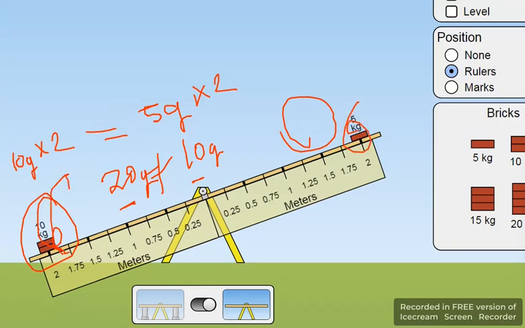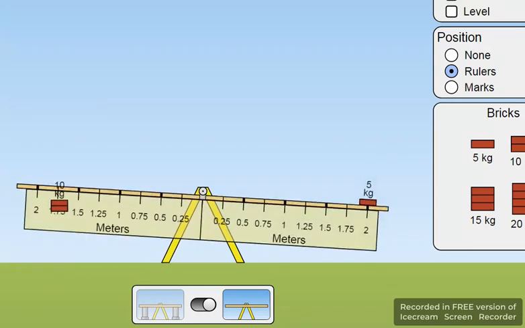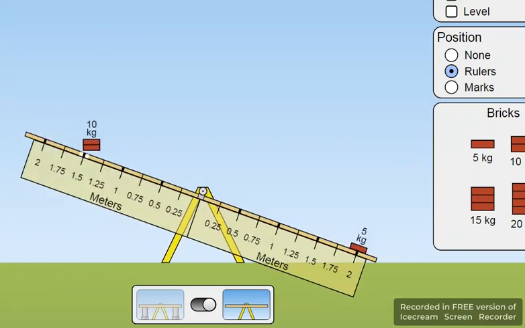So how can we balance it? To balance it, we have to change the distance. For example, if I change the distance here, at this point the moment of force of the 5 kg object is greater than the 10 kg object.